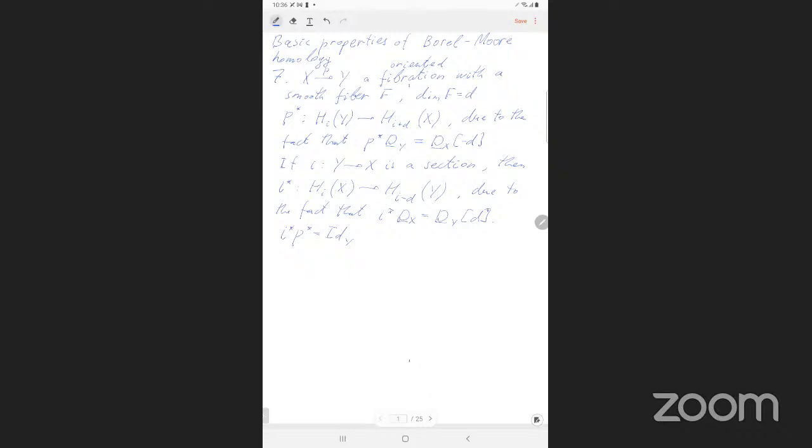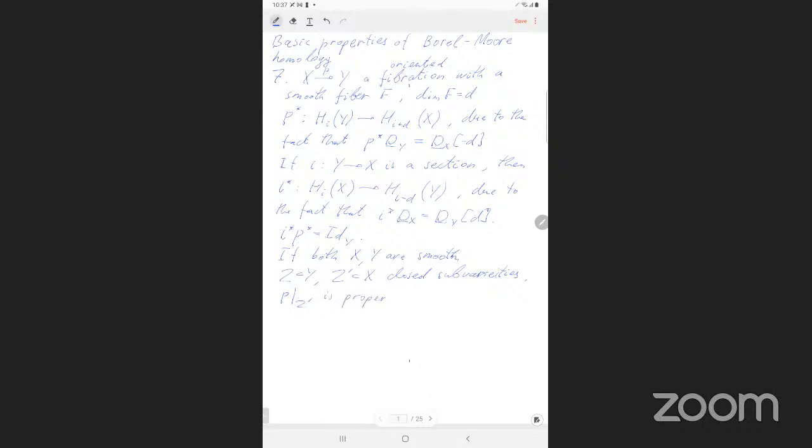Okay, and now some extra property. If both X and Y are smooth, and we have closed subvarieties Z inside Y and Z prime inside X, then let's assume additionally that the restriction of our projection to Z prime is proper.